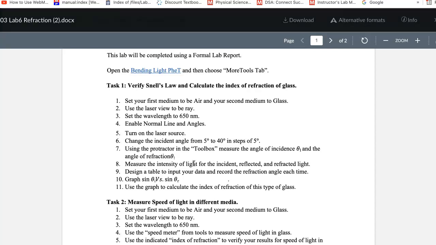You are going to graph sine theta incident versus sine theta refracted, and you are going to use the graph to calculate the index of refraction of this type of glass. All right. Now, I will share with you.